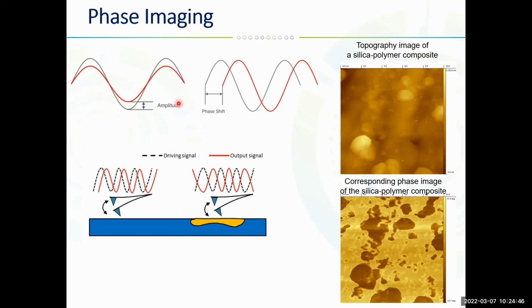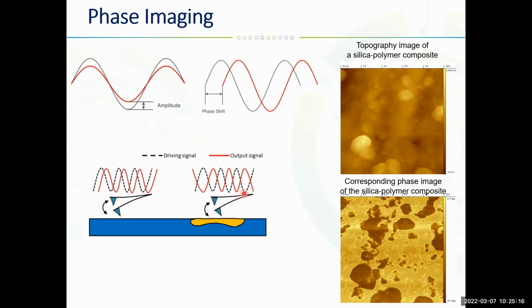So what I want you to look at is that in a tapping mode, the feedback signal to the controller is the oscillation amplitude of the tip. And a simplified way to think about this is that the tip approaches a raised part or a bump in the sample, and it has less room to oscillate, and the amplitude increases.